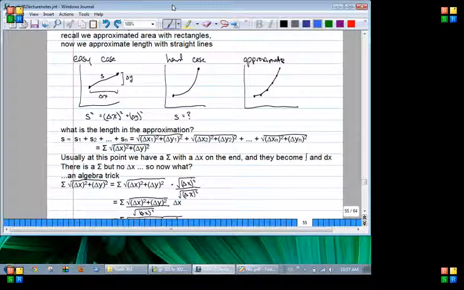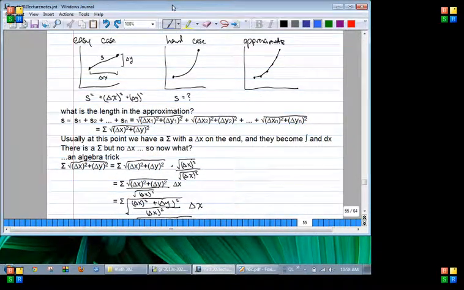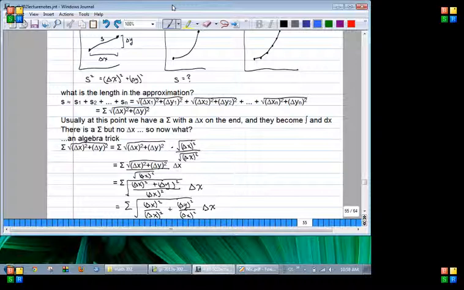The bottom part is where it gets clever. I'm going to move that under the other radical for the purpose of combining them. One square root divided by another square root, you can just combine it. So now I've got a fraction inside the square root. I can break up that fraction. And now something lovely happens.